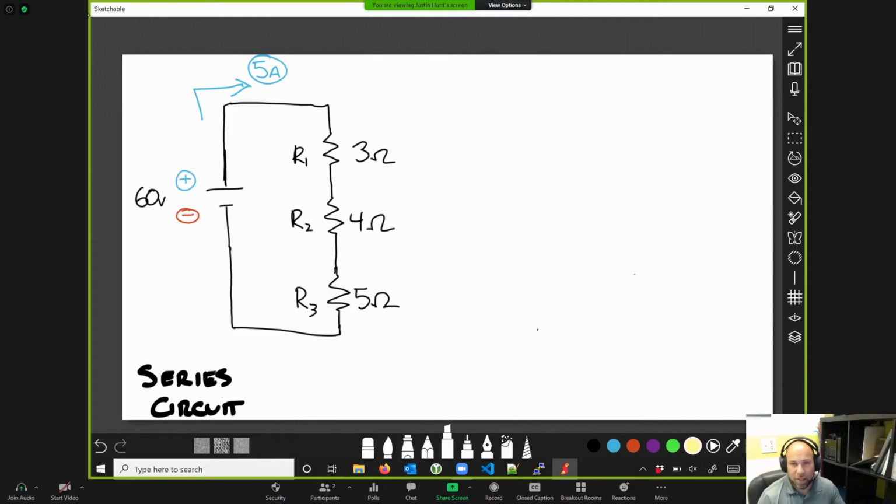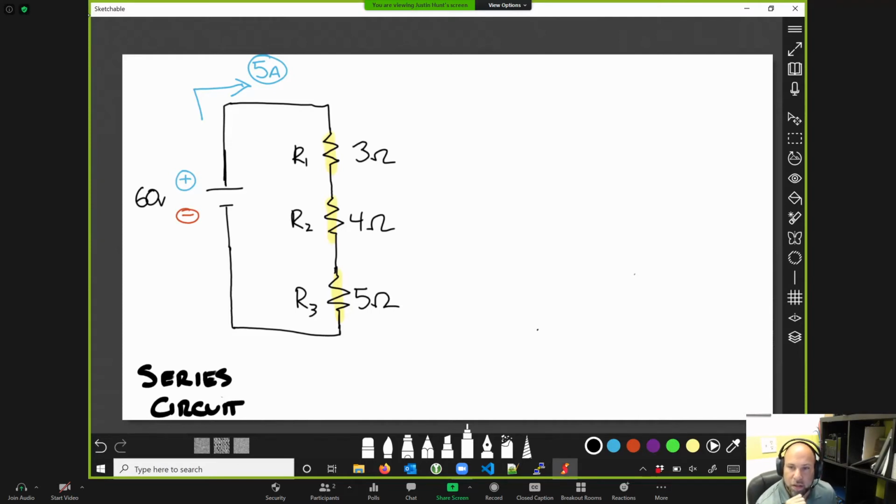For instance, when I'm designing and building a circuit, I might want to know how much voltage is going across R1 or R2 or R3. Realistically, I'll probably want to figure that out for all 3 of my components here. And come to find out, we could do that easily with stuff we already know.